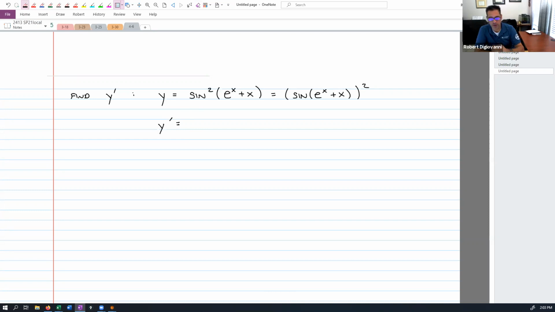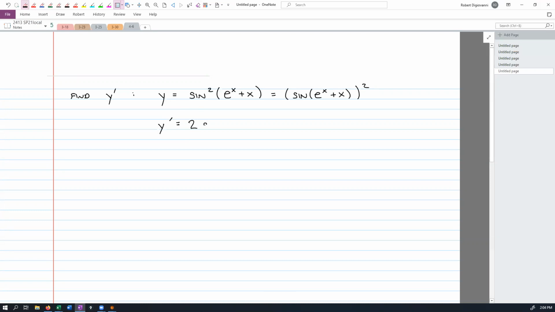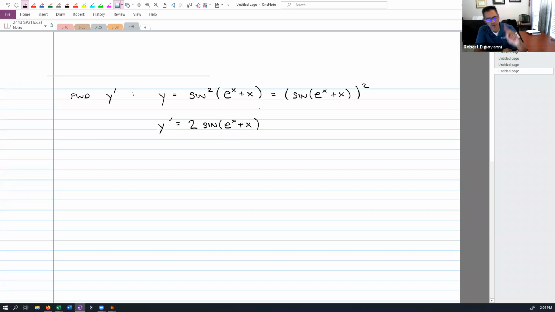So the 2 comes out first, and then it's what? Sine of e to the x plus x, all the stuff inside. And that's all raised to the first power, right? We don't need to write the first power, but had this been a 4, then we would have a cubed here. Correct.